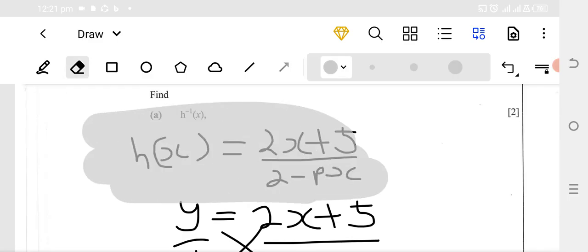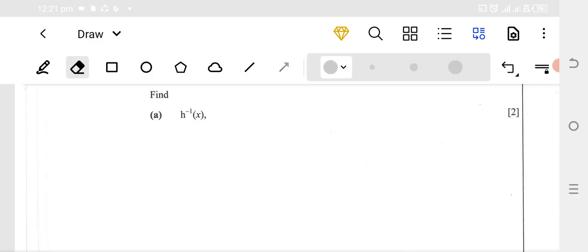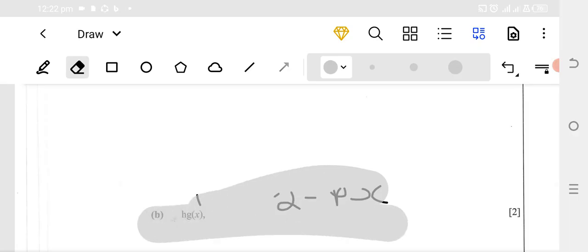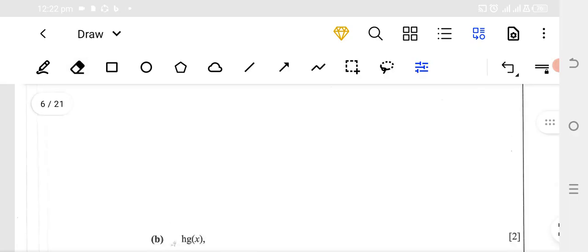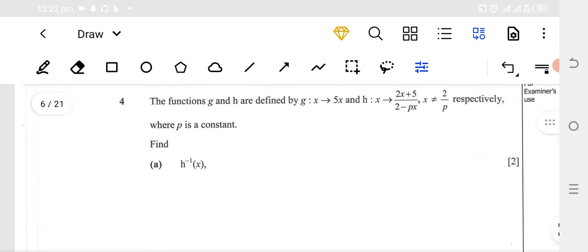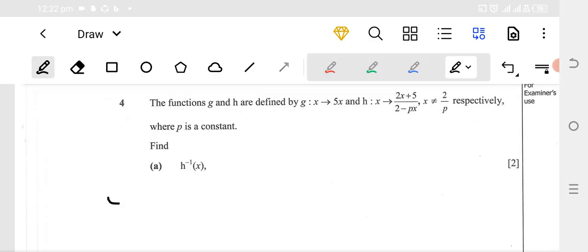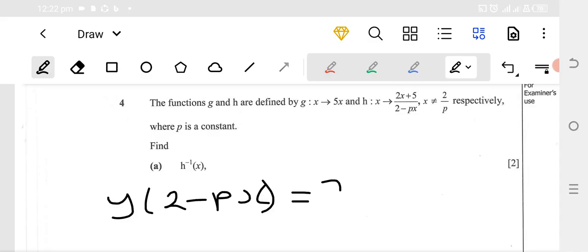We are going to clean up. So this means we are saying y multiplied by 2 minus px is equal to 2x plus 5.